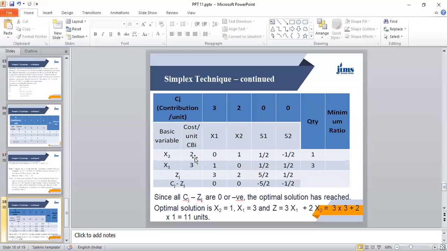So this contribution x2 has come, x1 will remain as such, and its contribution is 2 in rupees per unit of production. Then we have divided every entry in the earlier simplex table by the key element, which was 2.